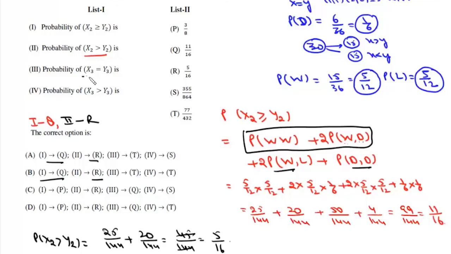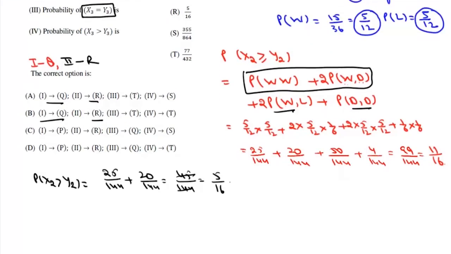Now this third one is probability that X3 is equal to Y3. That means we have to find the probability that after 3 rounds, both of them will have equal scores. Now they'll have equal scores if all the 3 matches are drawn, or there is 1 win, 1 loss and 1 draw.